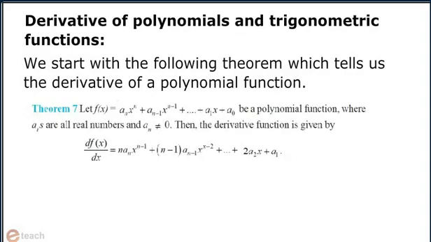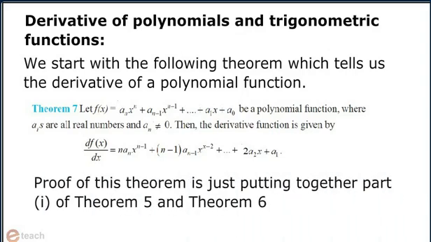Let f(x) equals a_n x to the power n plus a_(n minus 1) x to the power n minus 1 up to a_0 be a polynomial function, where a_i are all real numbers and a_n is not equal to 0. Then the derivative function is given as shown. Proof of this theorem is just putting together part first of Theorem 5 and Theorem 6.